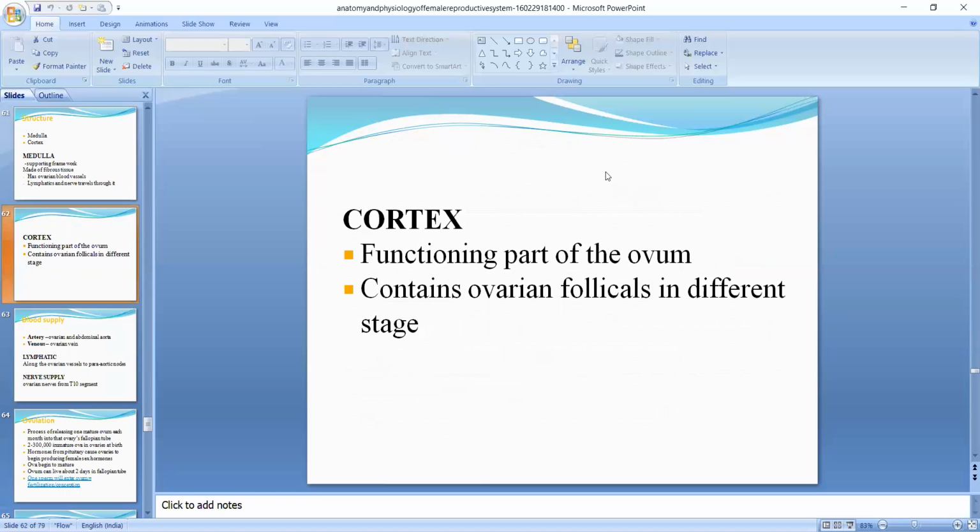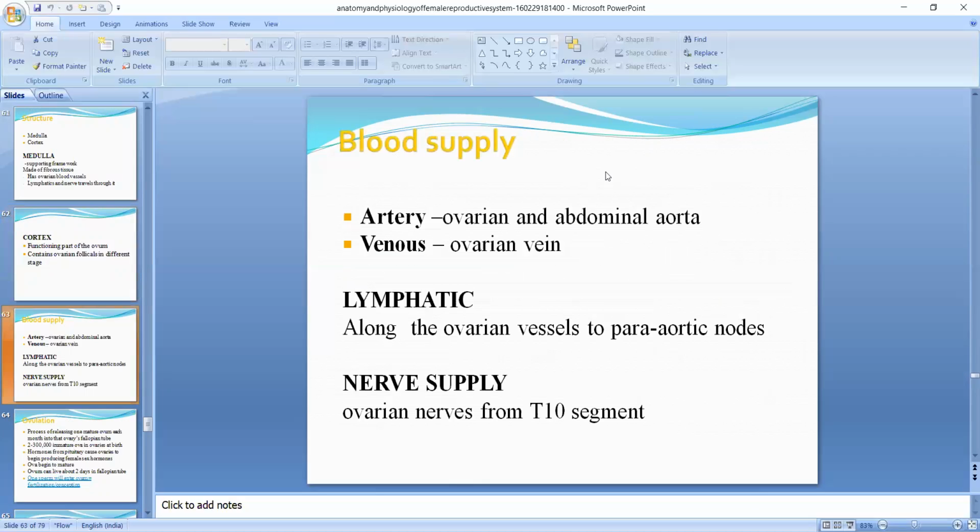In the cortex, it is the functioning part of the ovary because there are ovarian follicles in different stages, so there is ovum production. So this is the functional part. The ovary is supplied by the ovarian artery from the abdominal aorta and drains into the ovarian vein, and lymph drains along the ovarian vessels to the para-aortic nodes. It is supplied by the T10 spinal segment.